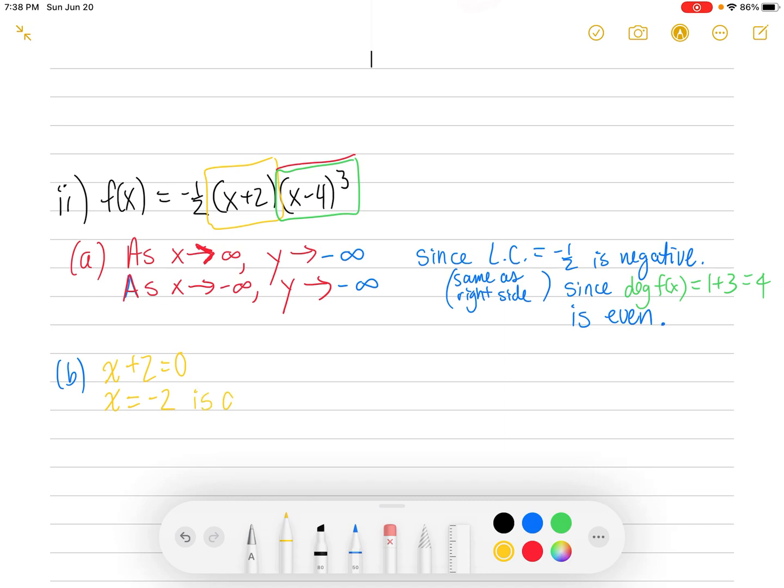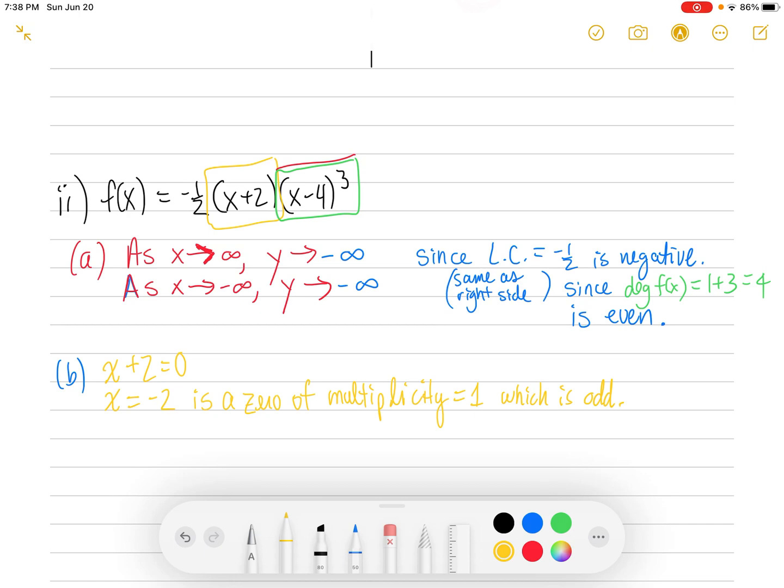That's going to be a 0 of multiplicity 1. Why multiplicity 1? If you look at the factor x plus 2, there's no exponent up above, so it's understood to be a 1 up there. You can imagine a 1 being up there, which is odd.